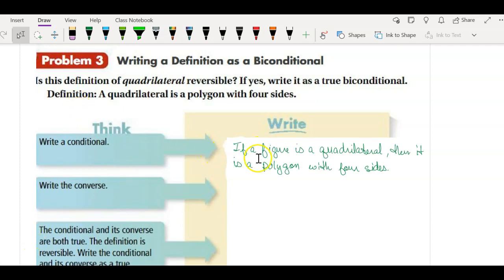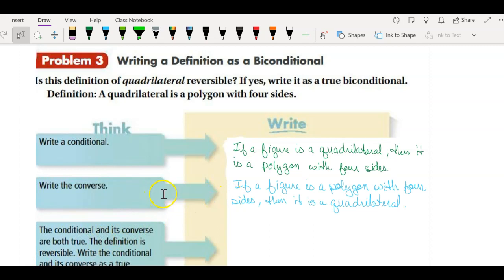What's my converse? It's the opposite. So when we write the converse, we write if a figure is a polygon with 4 sides, then it is a quadrilateral.